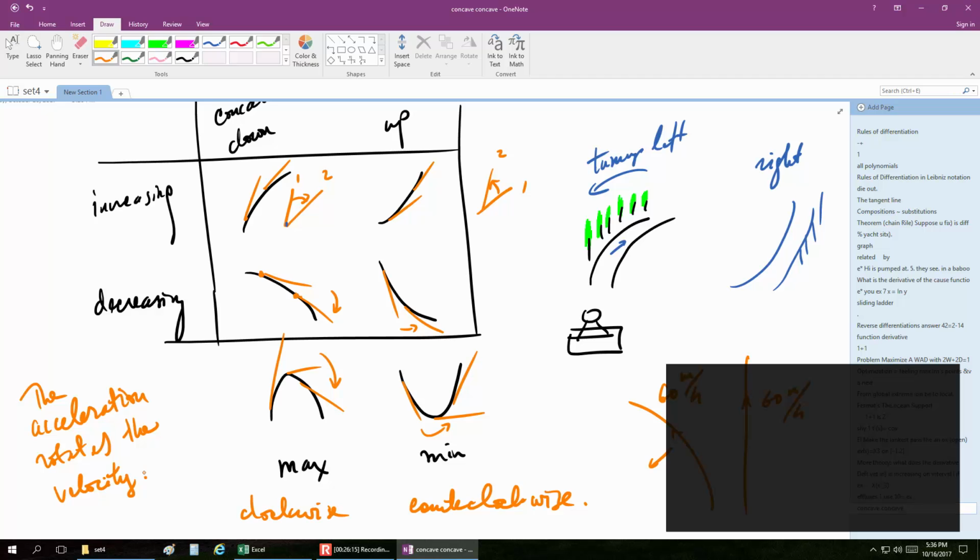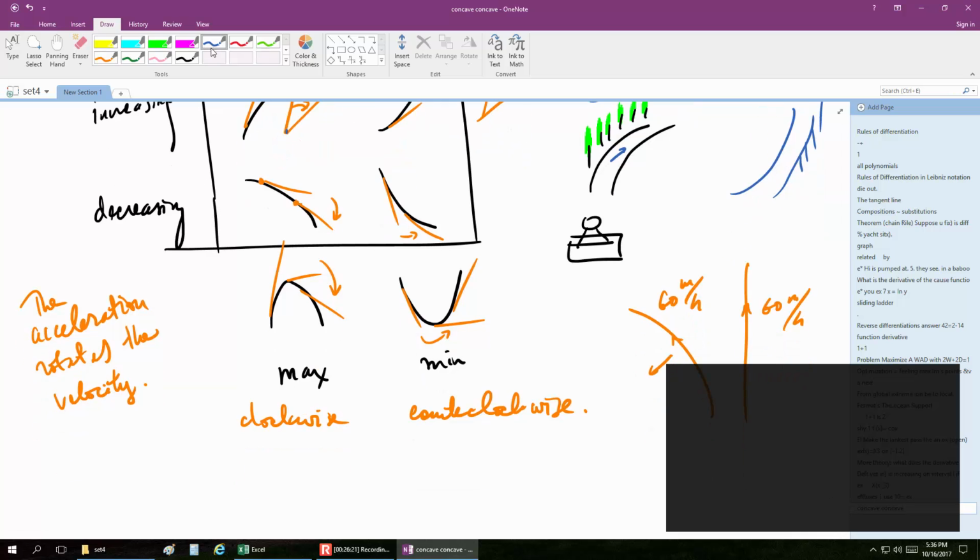This pretty much explains everything we need. Remember this: f double prime of x is f prime of x, prime. So the second derivative.